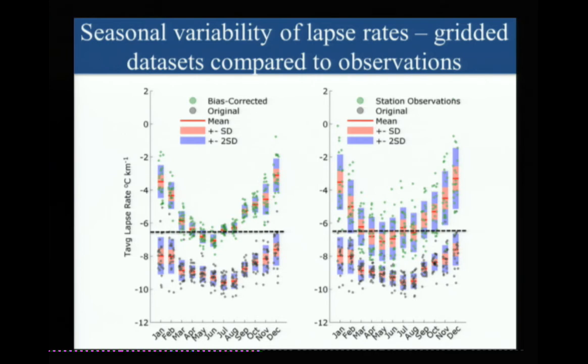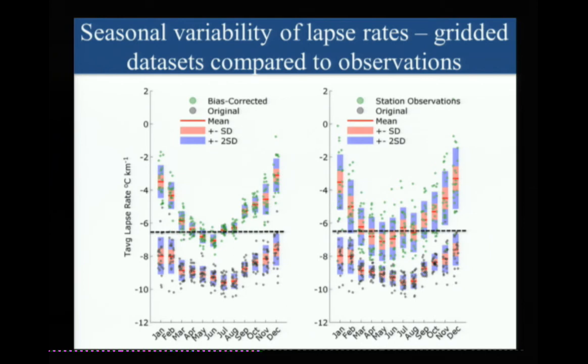So if you're interested in seasonal variability of temperature lapse rates and how those deviate from, for example, the 6.5 degrees Celsius per kilometer that's commonly assumed, that's the black dotted line. For every month in our historical period, the box plots show the distribution of monthly average temperature lapse rates.